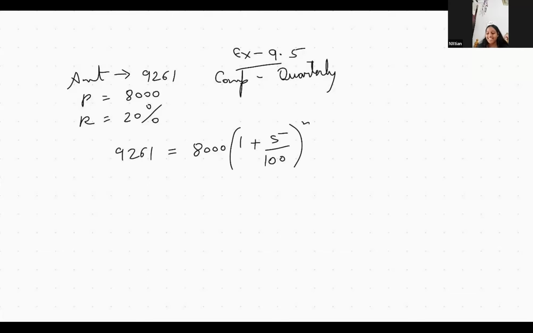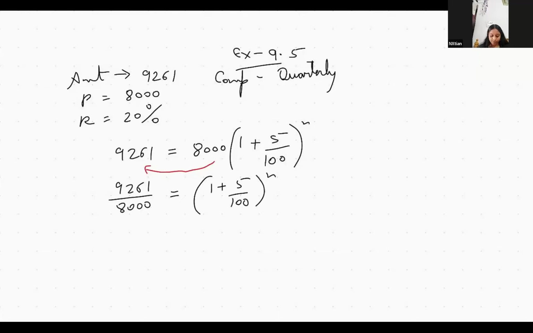Yes, we will get an answer that might not be 1. That's right. So we will take this 8,000 on this side, so it becomes 9261 divided by 8,000 equals 1 plus 5 by 100 to the power n.